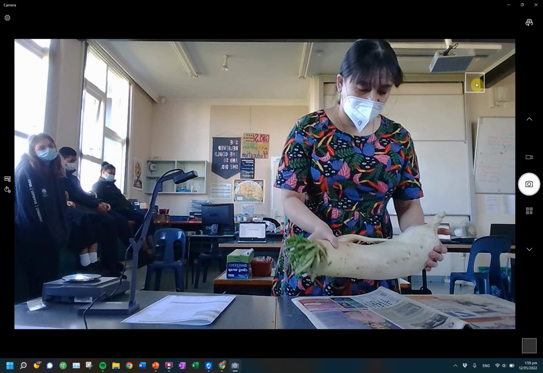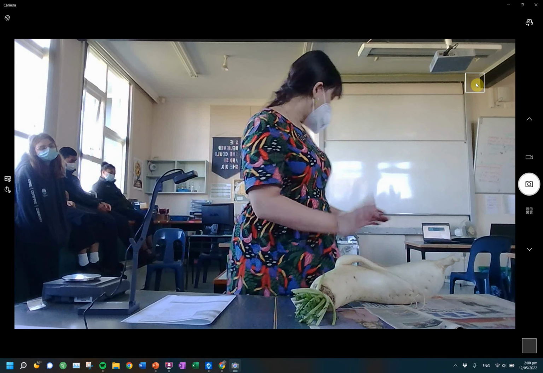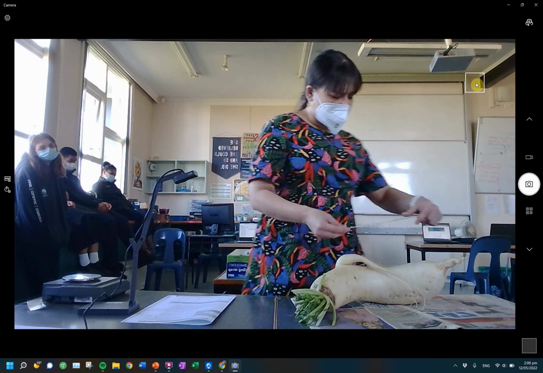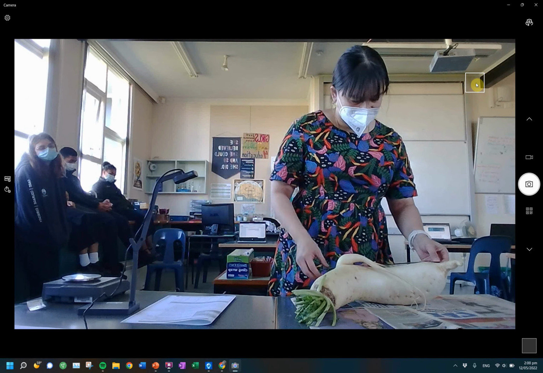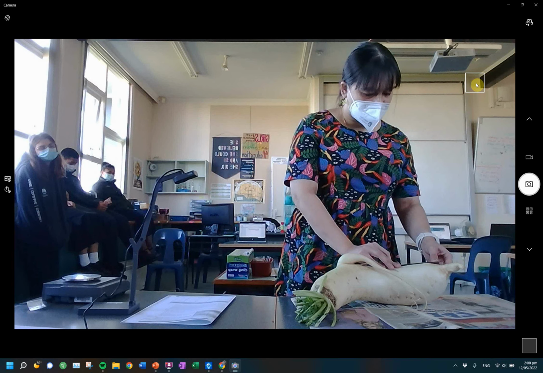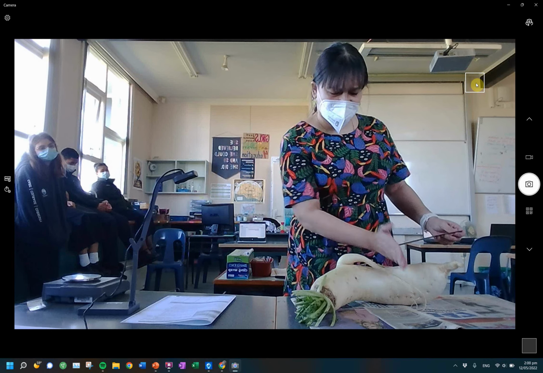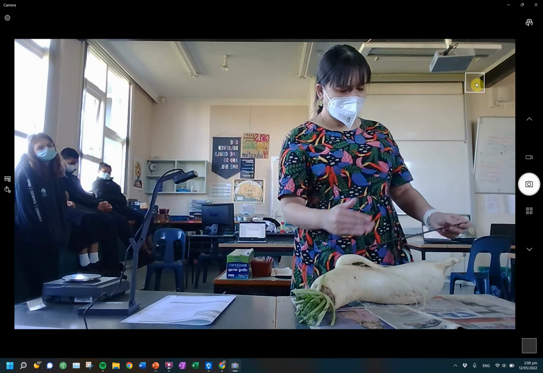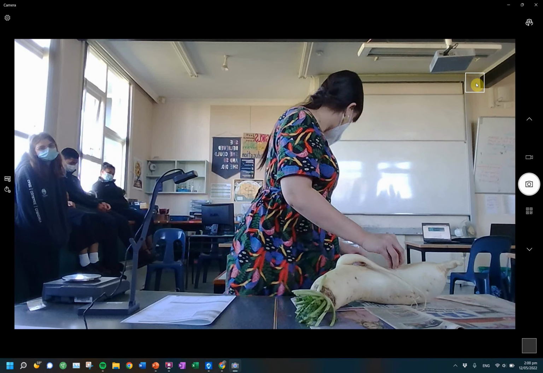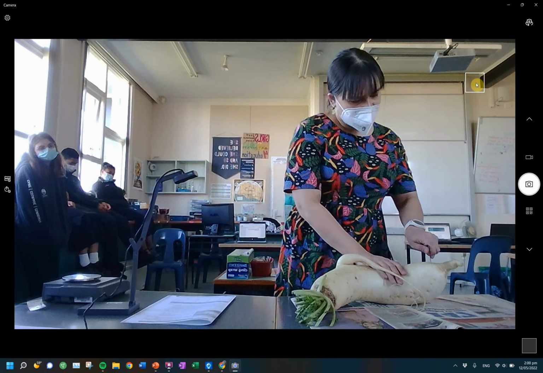So each pair will get one of these turnips. What you're going to do is cut these turnips at about the 7 centimeter mark. You can probably get a couple out of there. You probably can cut this into thirds, and that should be good. I'm just going to roughly cut it here, so I have enough space.